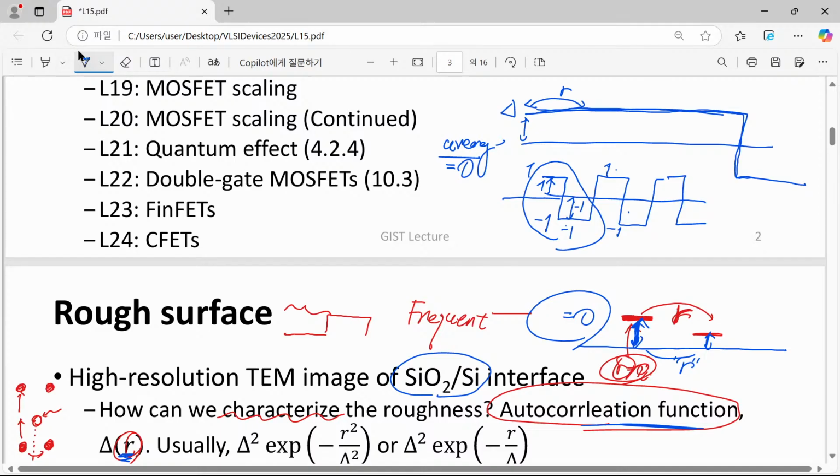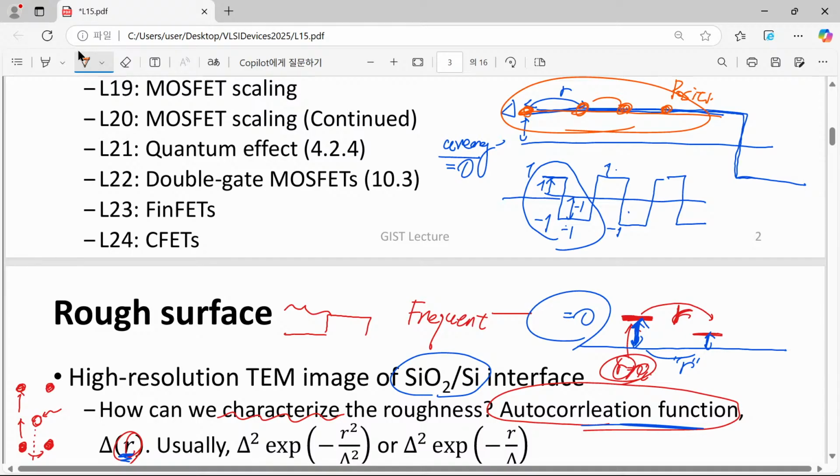If you take these 2 points, they will contribute a positive number. And if you take another distance r, it will also contribute a positive number. If you have quite a long trail of these positive numbers sharing the sign, all of them will contribute positively to your autocorrelation function.